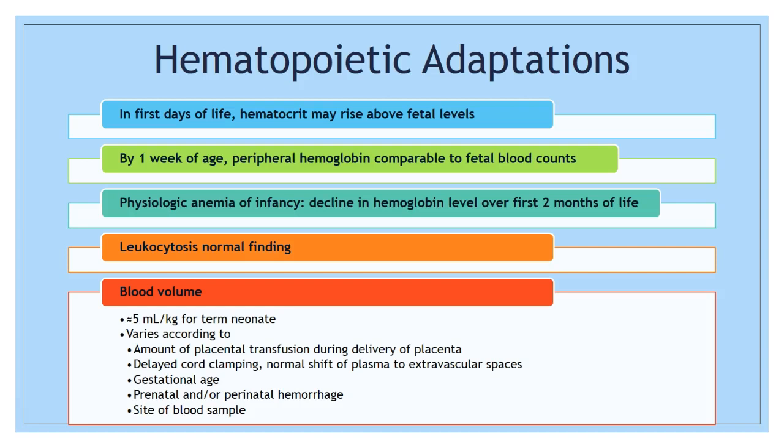But there are a whole lot of factors that contribute to this, and it varies based on the amount of placental transfusion during the delivery of the placenta. It depends on how long we delayed cord clamping. Was there a normal shift of plasma to the newborn's extravascular spaces? It depends on gestational age, whether there was a prenatal or a perinatal hemorrhage, so your abruptions or your previas that might have started to hemorrhage, and also blood sampling.